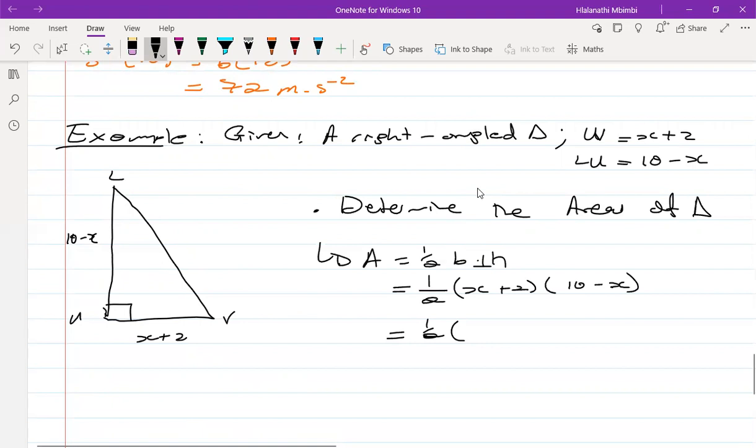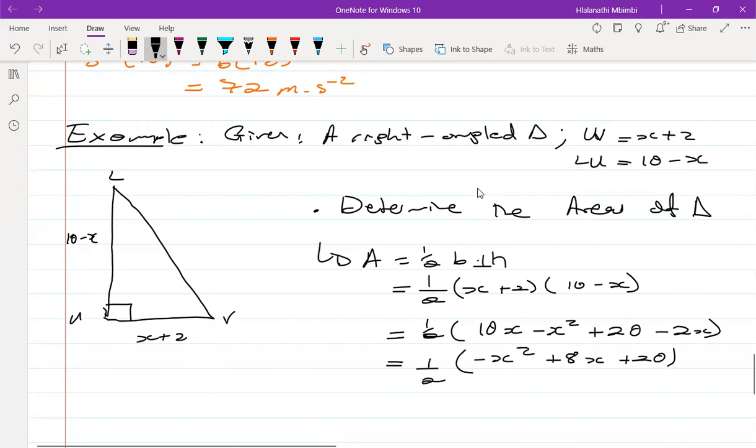Please calculate that polynomial inside there. That should give me 10x minus x squared plus 20 minus 2x. That would be minus x squared plus 8x plus 20. Yes, sir. Cool, that's the area.